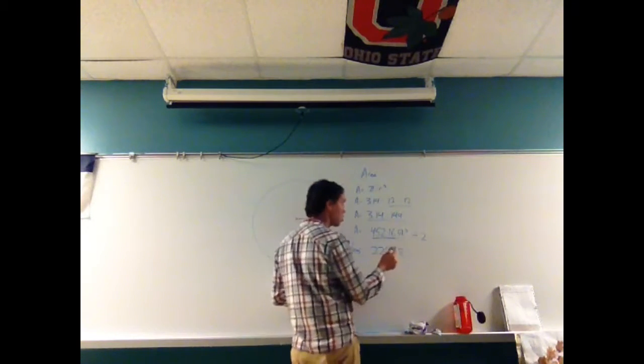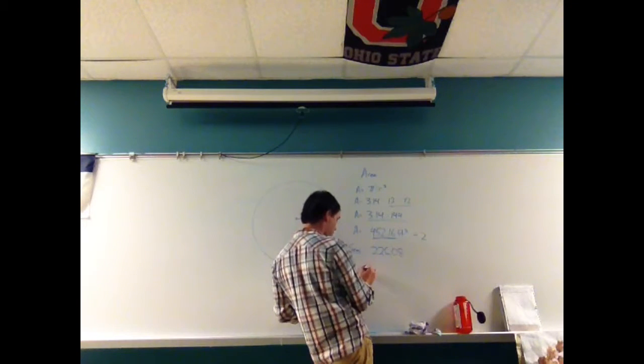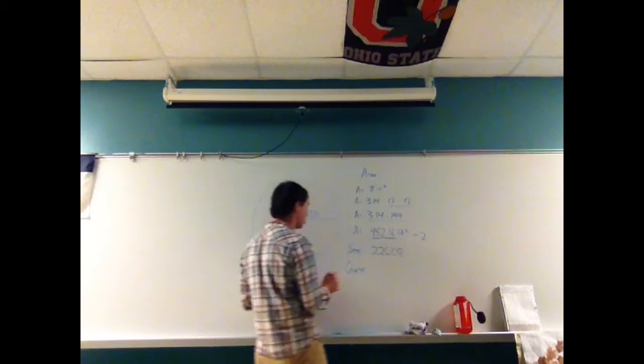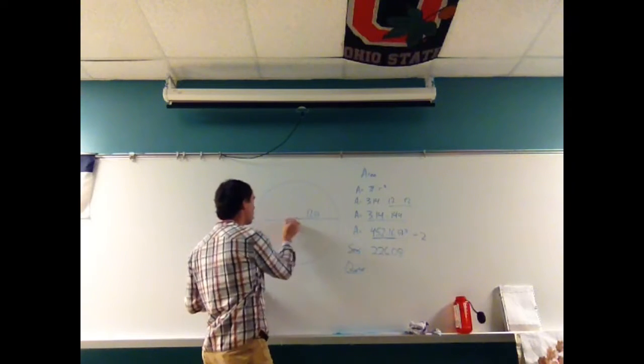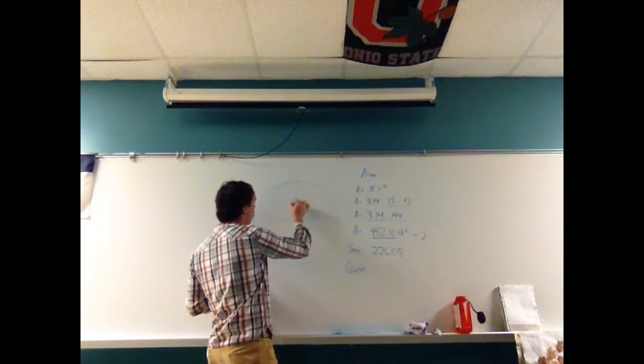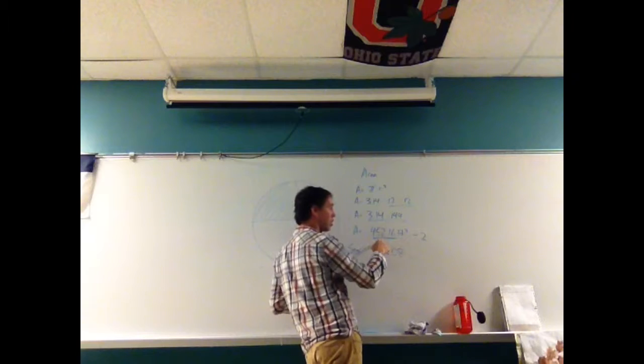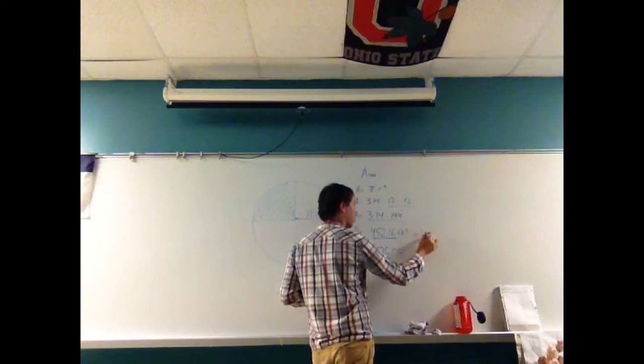And then if I want to find the quarter circle of this shape, so basically, what is this amount right here? What I would do is take this original area and divide it by 4 in this case.